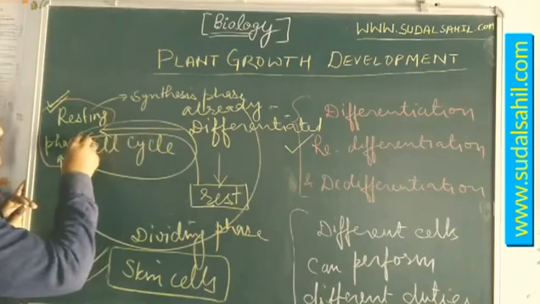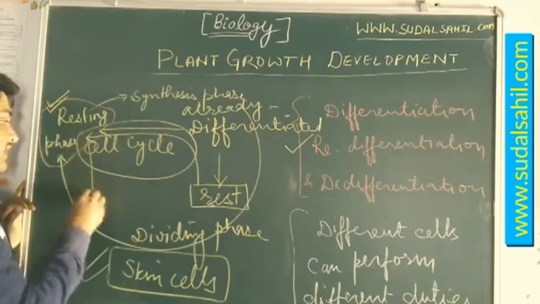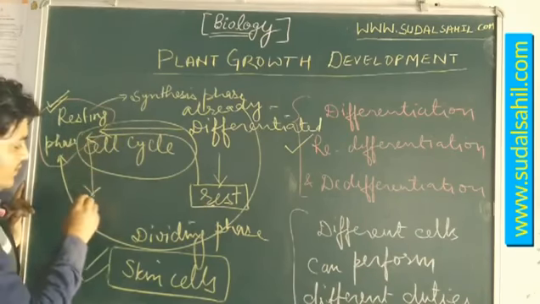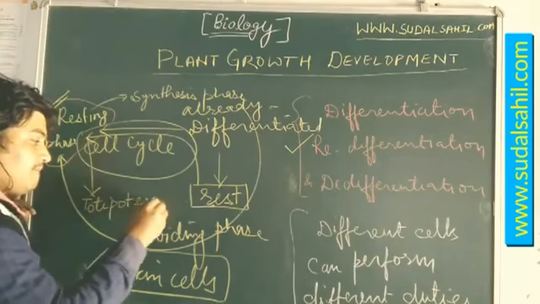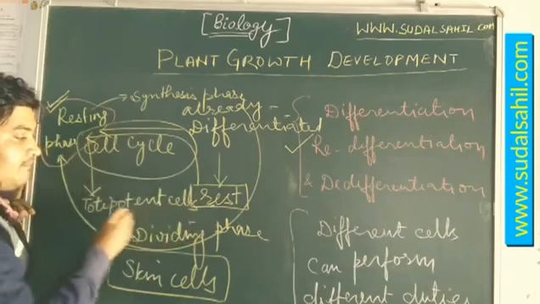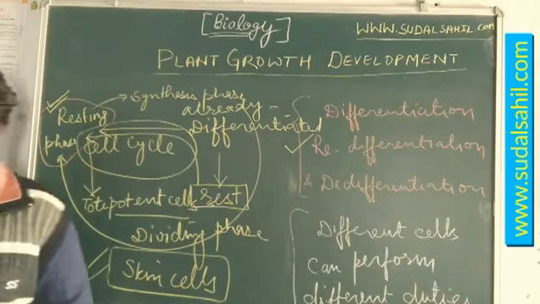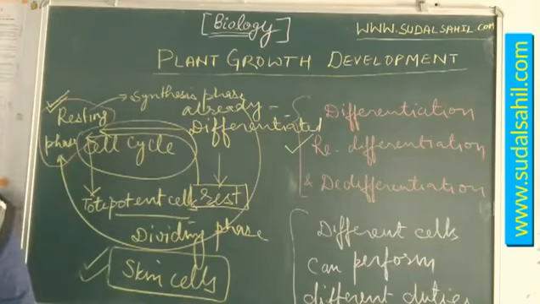We will de-differentiate those cells, and then we can use them as totipotent cells. So this is your de-differentiation. Now you have a clear-cut idea of the difference between differentiation, re-differentiation and de-differentiation. Okay?